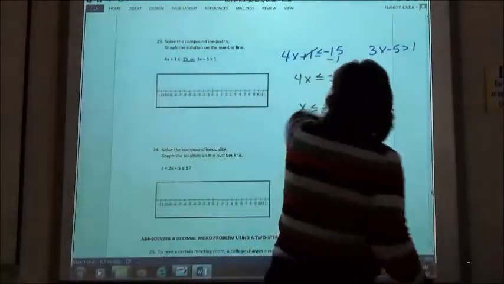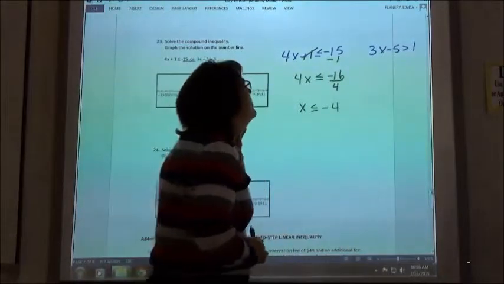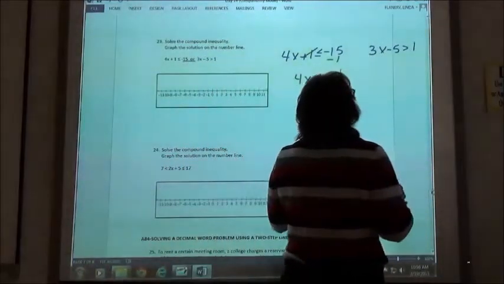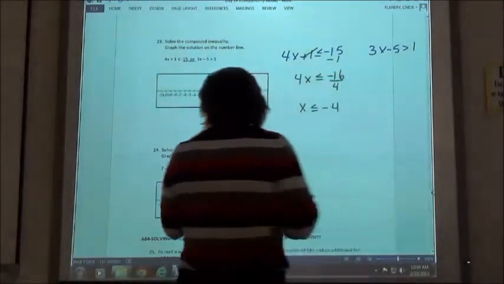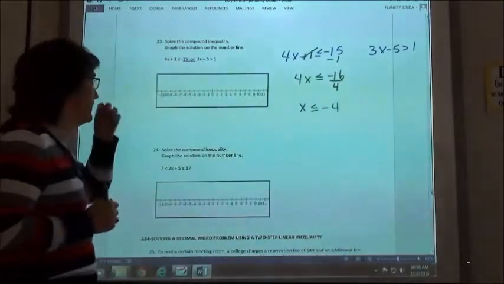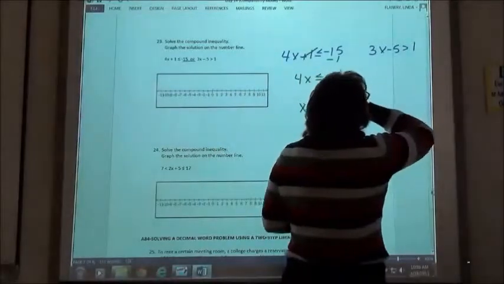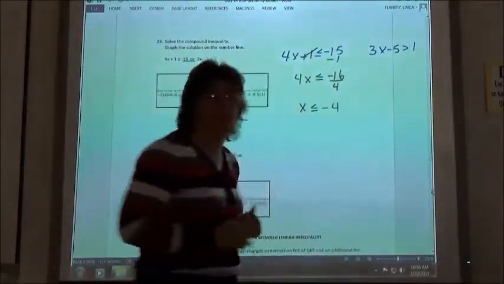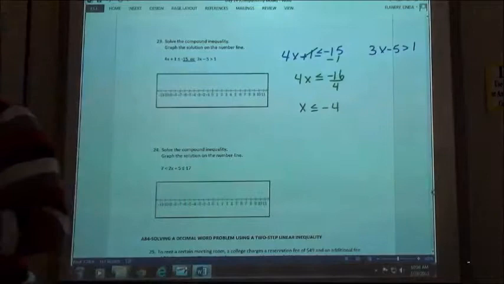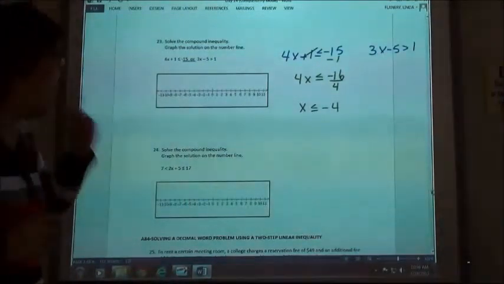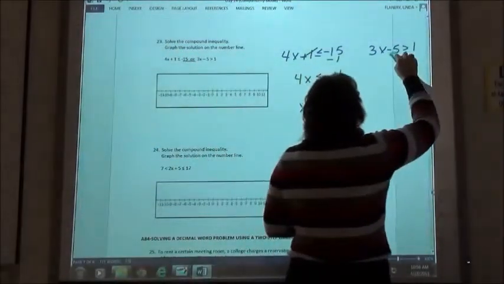On the other one, if I'm going to solve that for x, what would I do? If I want to solve it for the x, what number do I have to move? The 5. So we're going to do what with our 5?